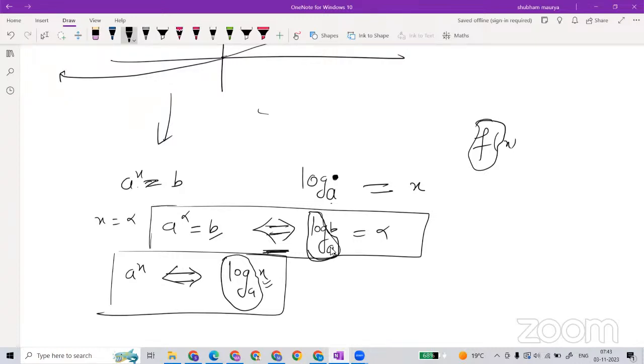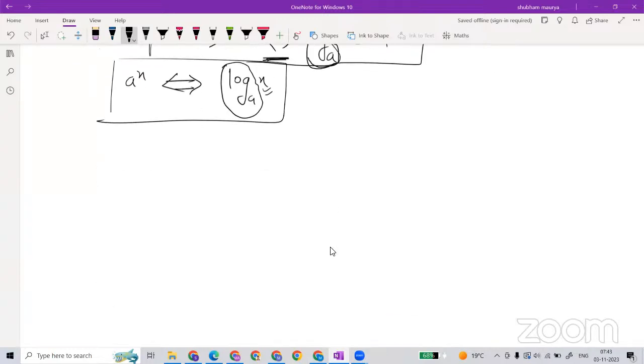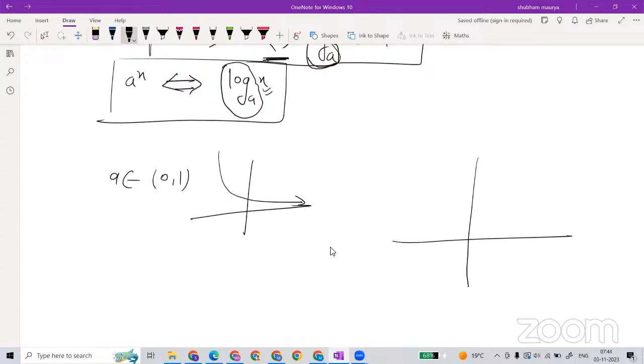Okay, so this is one thing. Now let's talk about the graph of the logarithmic. As previously in the exponential form, when a is between 0 and 1, the exponential goes like this. Now we take the inverse, so log with base a will follow in the same interval, and the inverse is going to be this one.